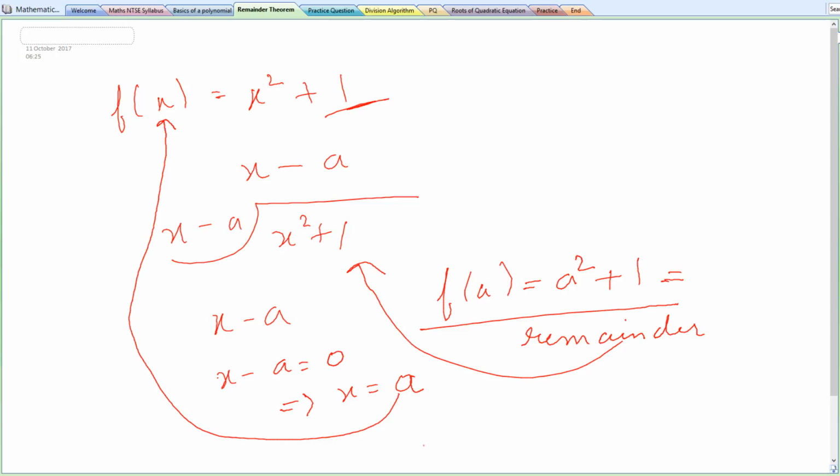In summary, if I want to divide a polynomial by a linear function like this, I can just put this function equal to 0, and the value of x we get is put into the polynomial. The value we get after putting the value of x in this polynomial is known as the remainder. Is it clear?